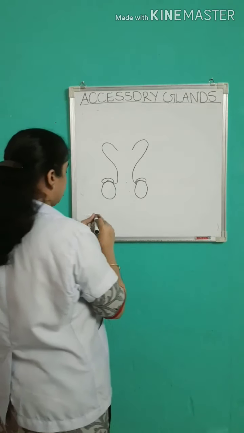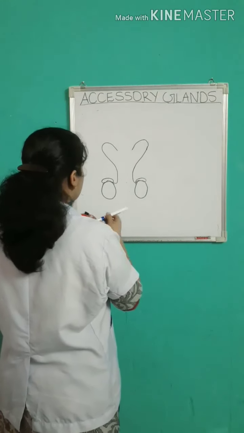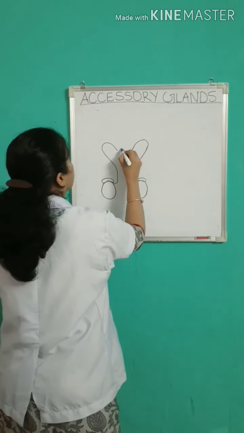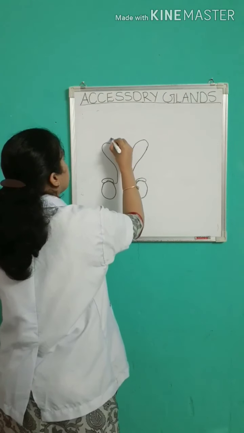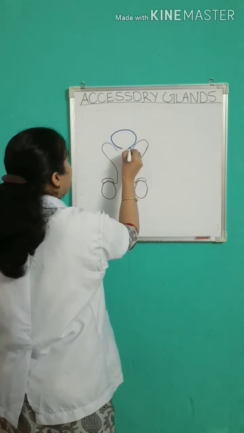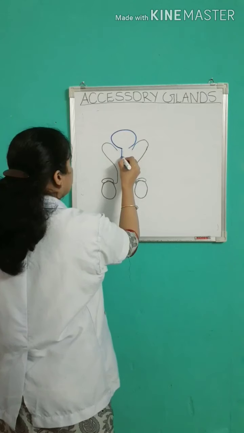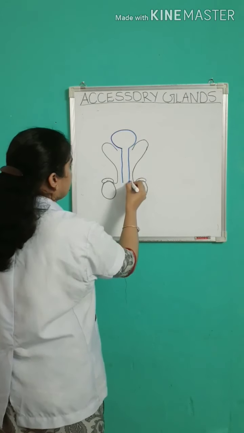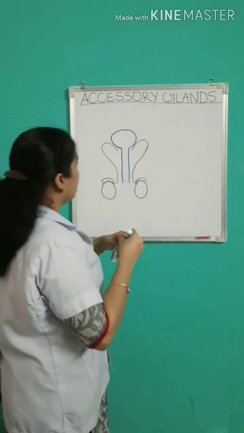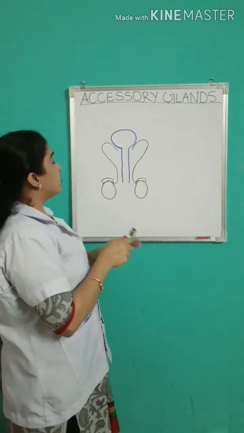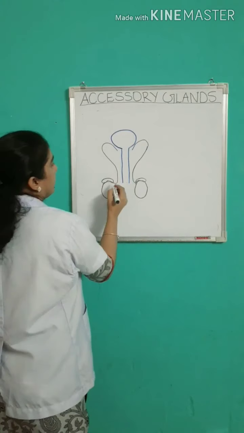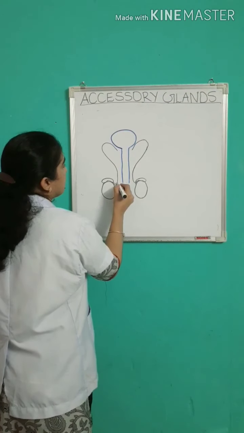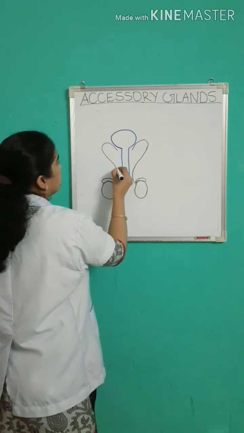And here we can draw the urinary bladder, and there is an opening, the place of the urethra.